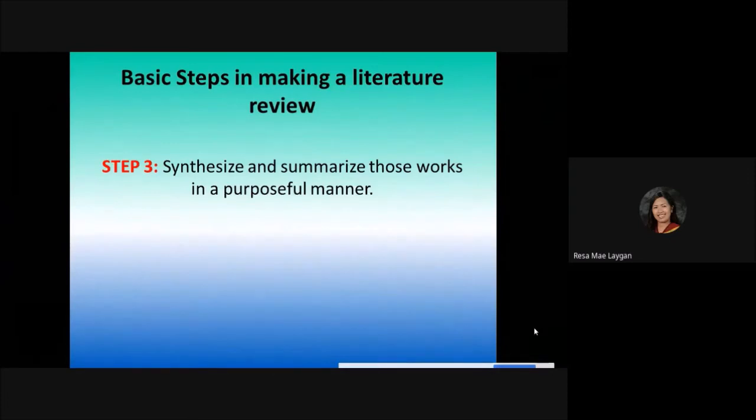So you have to synthesize the summary of your related literature in a purposeful manner. It is not necessary to copy paste what's in your related literature. So you really need to get the important details which are also helpful in supporting your study.